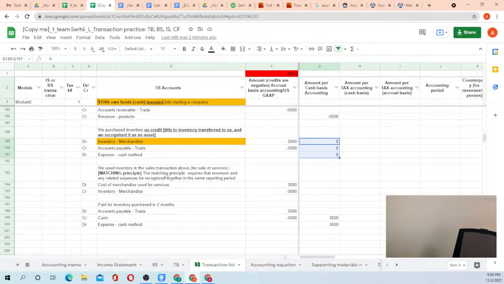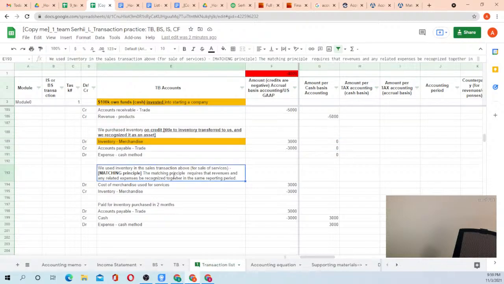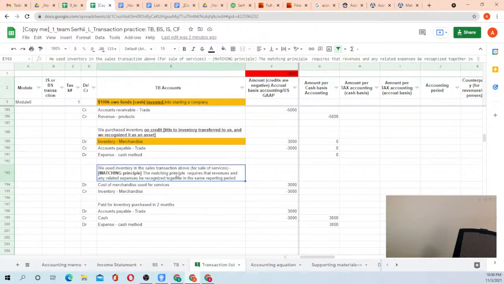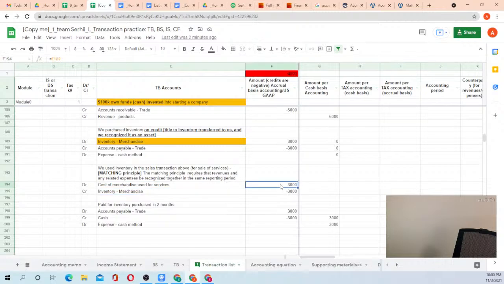When you used some inventory in your production and sold something, you recognize an expense under accrual basis because you use the matching principle to match your revenues. That inventory expense matches your revenue. And you only recognize the expense in the cash basis when you actually pay for that inventory.